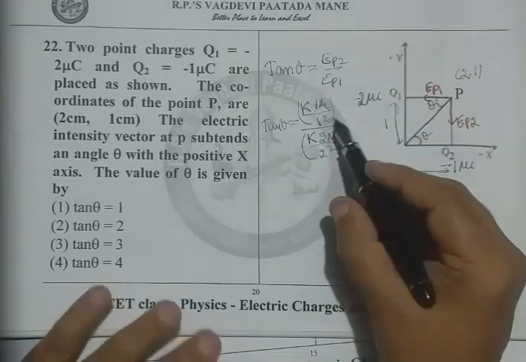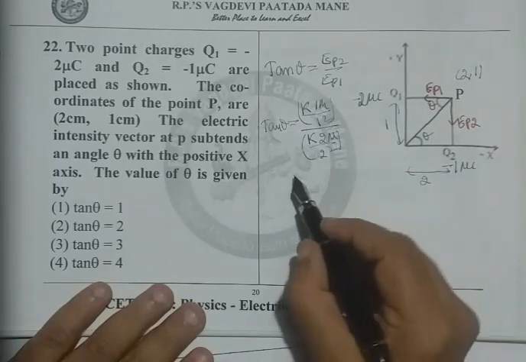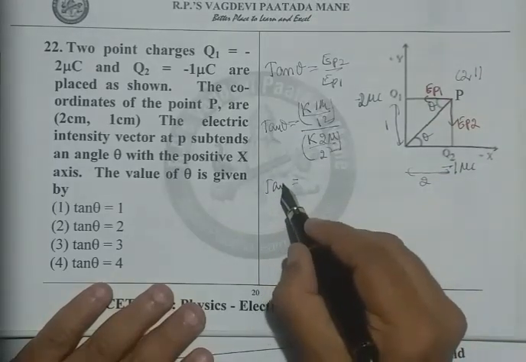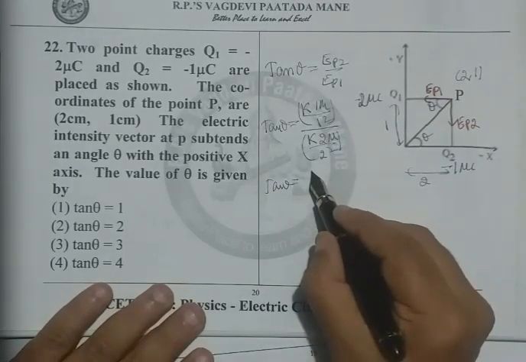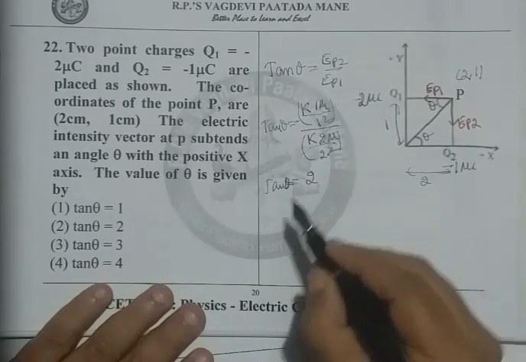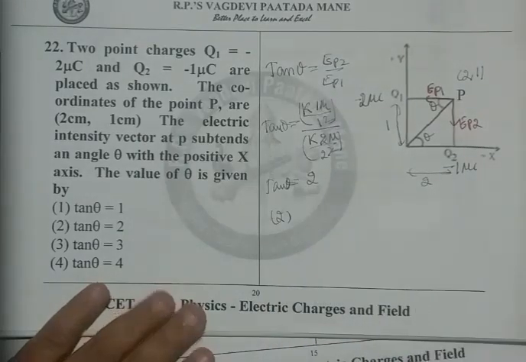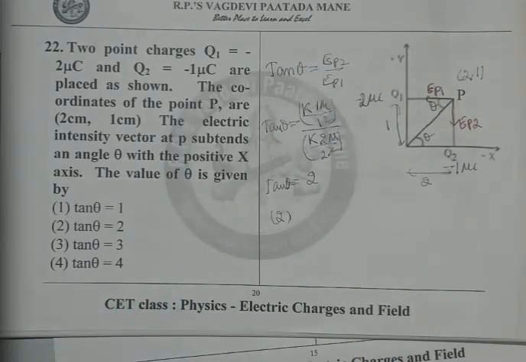Assuming the centimeter is converted into meter, all those things will cancel. Now I can write, here 1, 2 goes, only 2 left there. Therefore, option 2 is correct. Tan theta is 2.